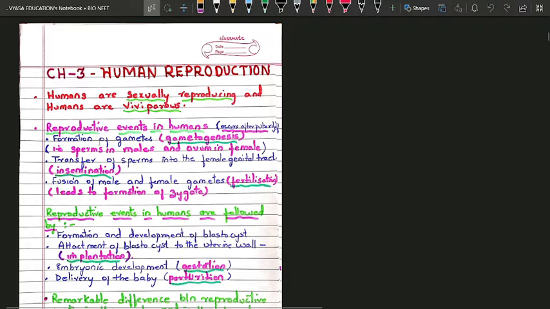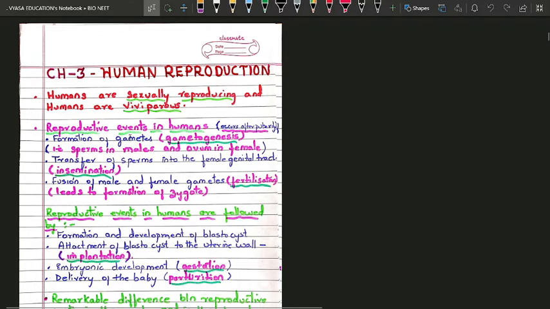So what are the reproductive events that occur after puberty? They are formation of the gametes, that is called gametogenesis. Gametogenesis is formation of the gametes, that is sperms in males and ovum in females. Transfer of sperms into the female genital tract is insemination.